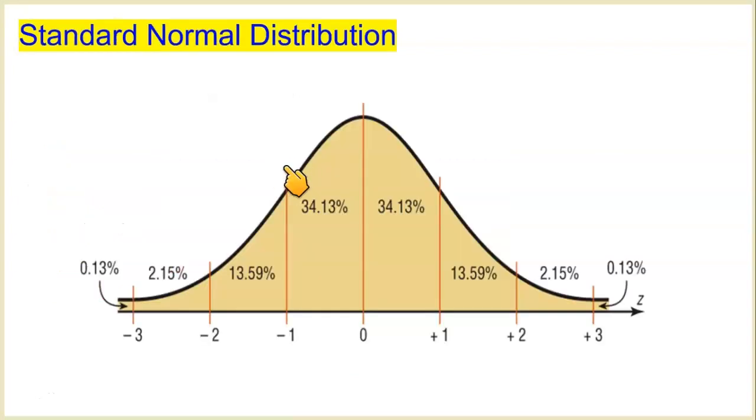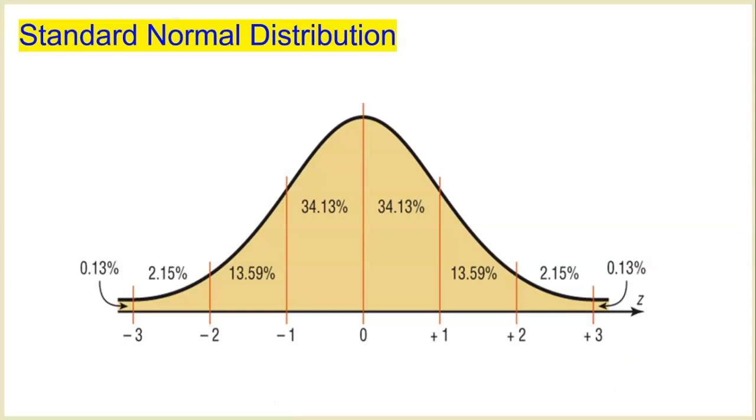Now, the distribution we looked at before was a normal distribution. The only difference in the standard normal distribution is the horizontal x-axis. In this case, it's no longer considered x. It's actually considered the z-axis because these are z-scores.